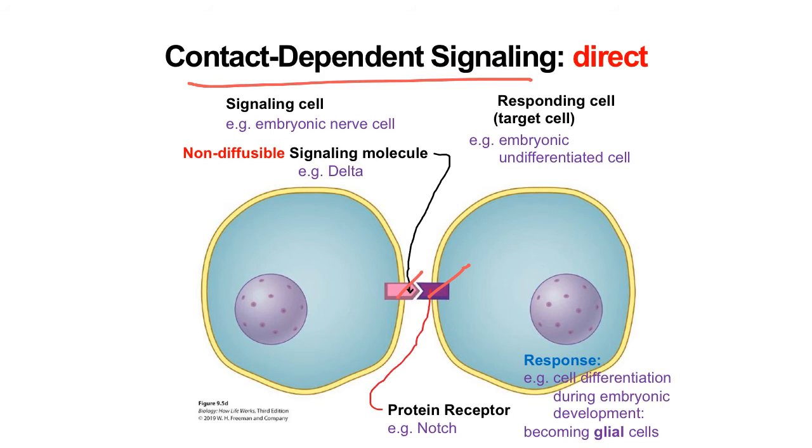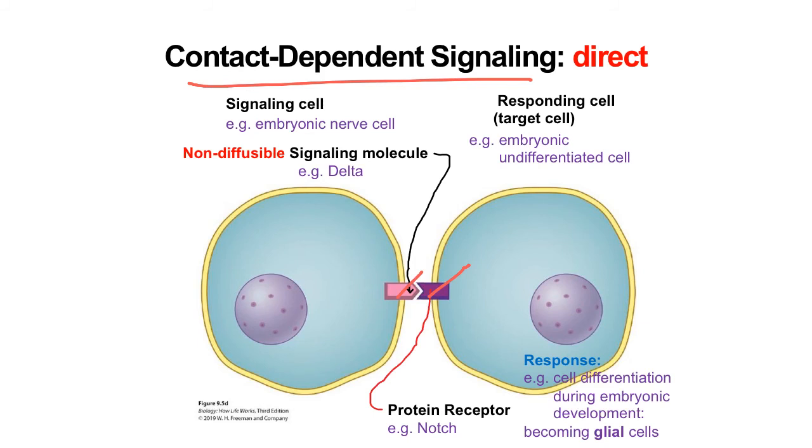So this is a direct contact between two transmembrane proteins found on the surface of two neighboring cells. One example of contact-dependent signaling occurs during the development of the central nervous system in vertebrates. Now, in the developing embryo, some undifferentiated cells begin to express delta. These are called embryonic nerve cells. They are not quite differentiated yet at this point.